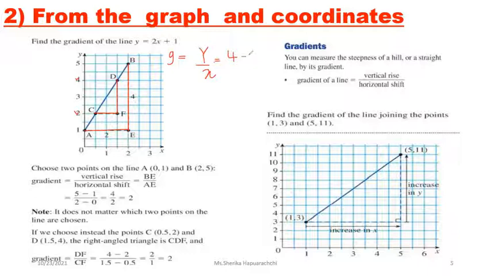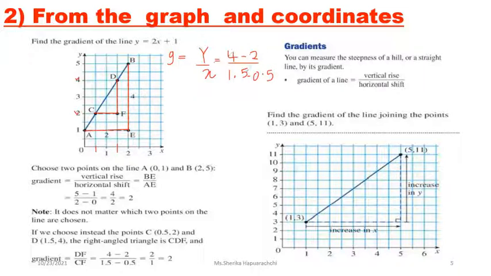So I have taken it as my y value. Now I have to identify my x. Starting point is 0.5 here and the ending point is 1.5. So I can take 1.5 minus 0.5.